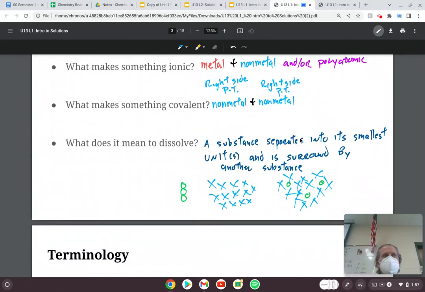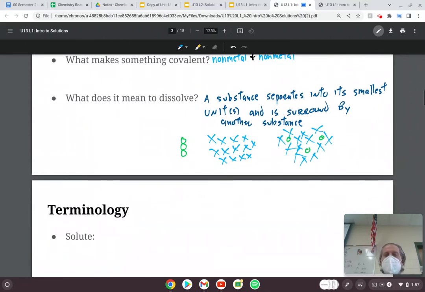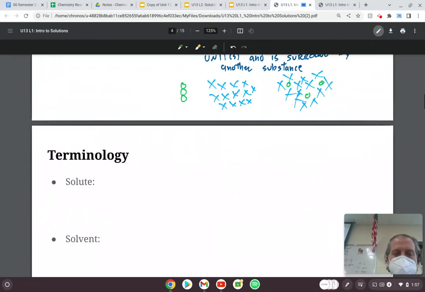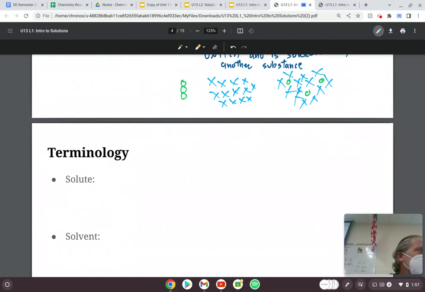So that's just a little bit of a review. And of course, chemistry has to make things a little bit more complicated by giving you specific vocabulary terms. There's two specific vocabulary terms that you really are going to need to focus on for this particular unit. One of those is the solute, which is the substance that separates.